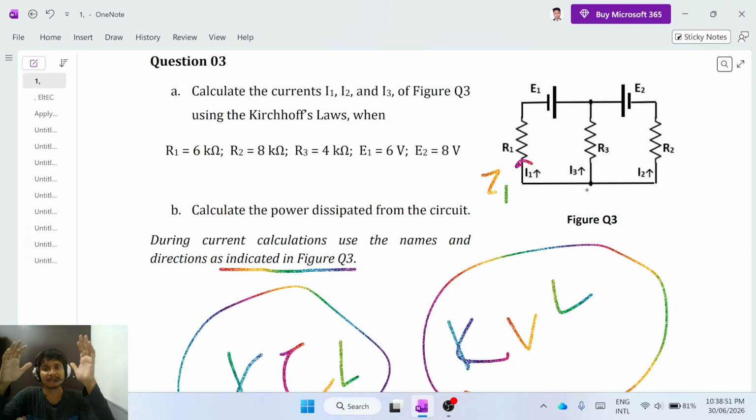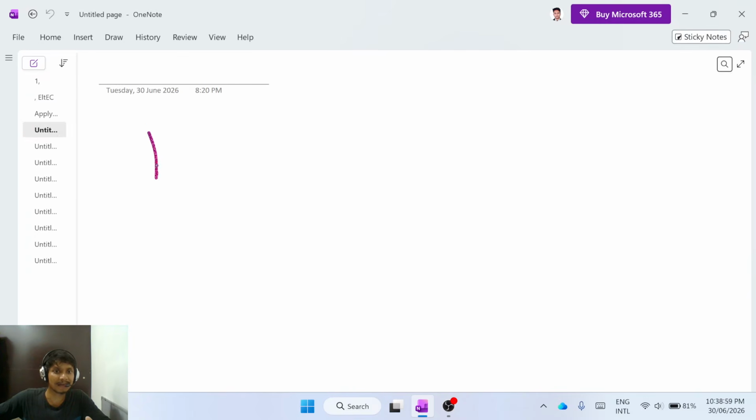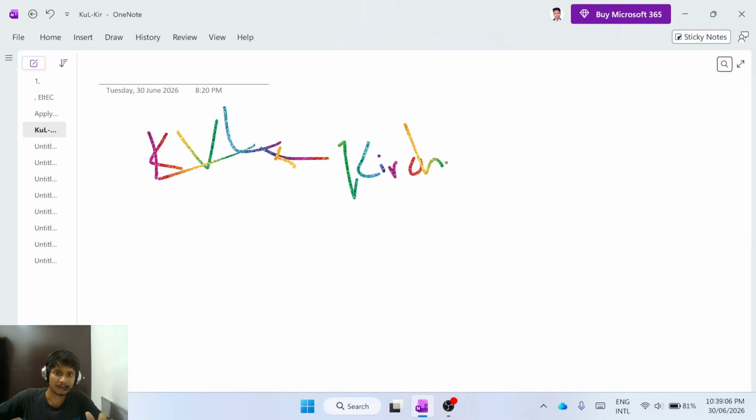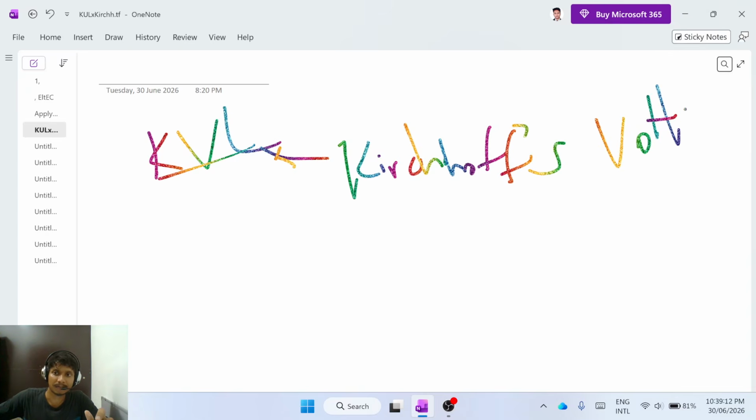We know the relationship between I1, I2 and I3. Now we are going to apply KVL, Kirchhoff's voltage law.